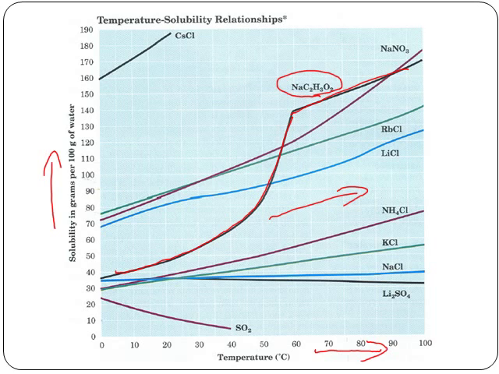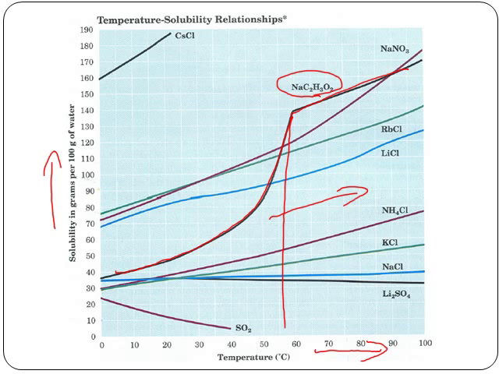Once the water heats up to a certain point, its tendency to make a hydrate breaks down. So it's acting like a hydrate before it reaches the temperature here, which looks like about 55, 60 degrees, closer to 60, I guess. My line's not very straight. After that, it acts like a normal molecule, so the curve looks more normal. It's a little flatter, not nearly as steep as before. And so that's the first one.